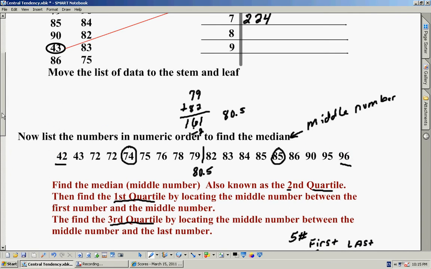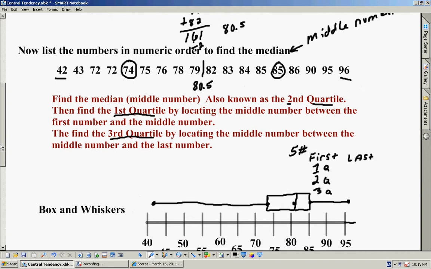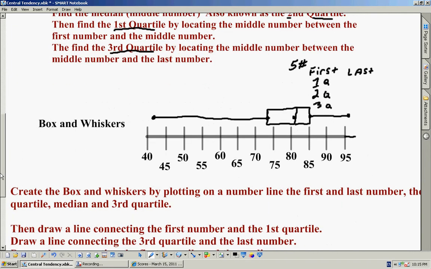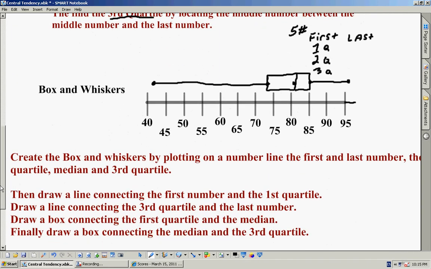But I bet you're wondering to yourself, what is important about the box and whiskers here? Well, the box and whiskers, its purpose is to show us where the majority of the data falls. Notice, a big box means there's a lot of data here, a lot of numbers that fall in this category, and few here and here.